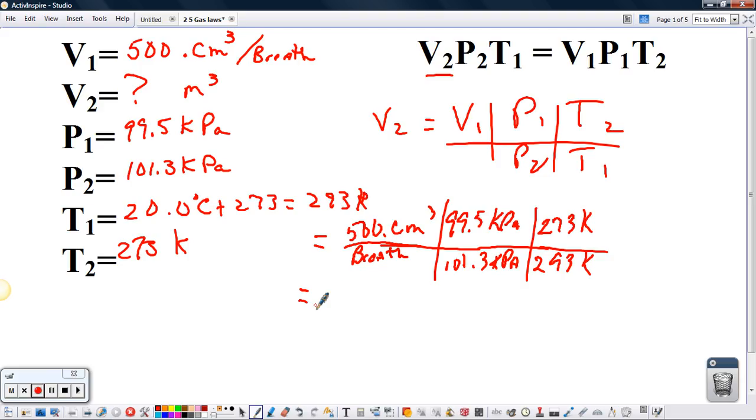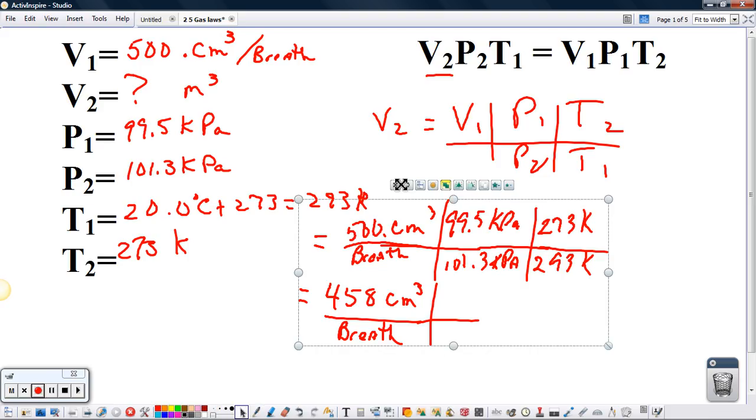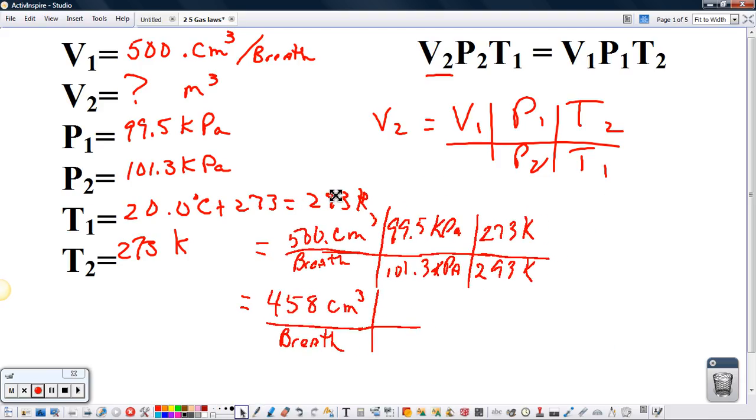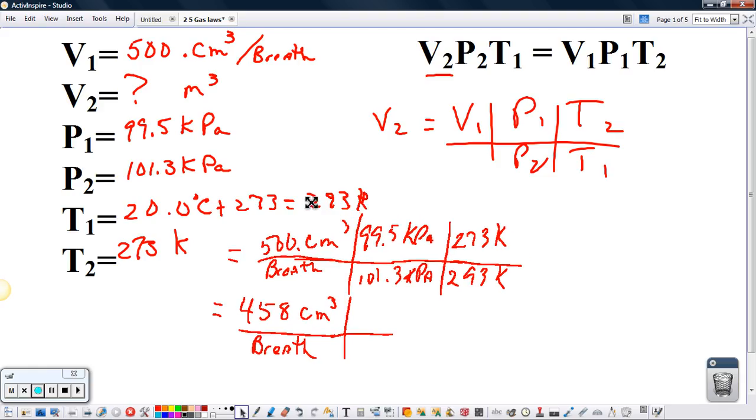458. All right, so 458 centimeters cubed per breath. Okay. Now I'm going to see if I can move this over a little bit more, because that's not what I'm asked. What am I asked?